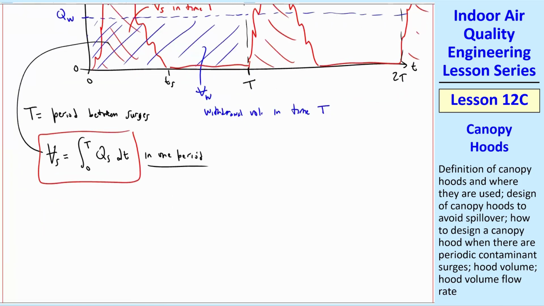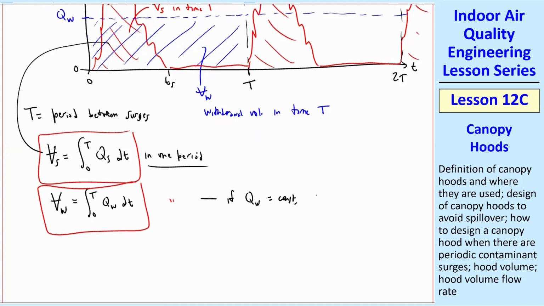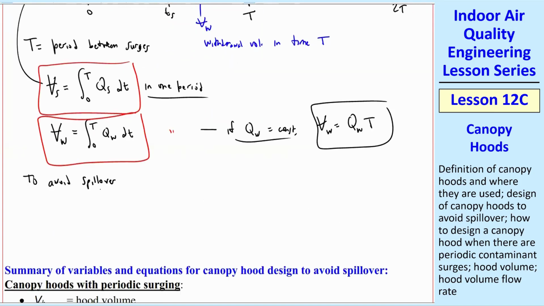So we can write a similar equation for VW, the withdrawal volume, and that would be the integral from 0 to T of QW dt. If QW equals constant, then VW is simply QW times T, and that's the typical case. To avoid spillover, QW must be large enough.